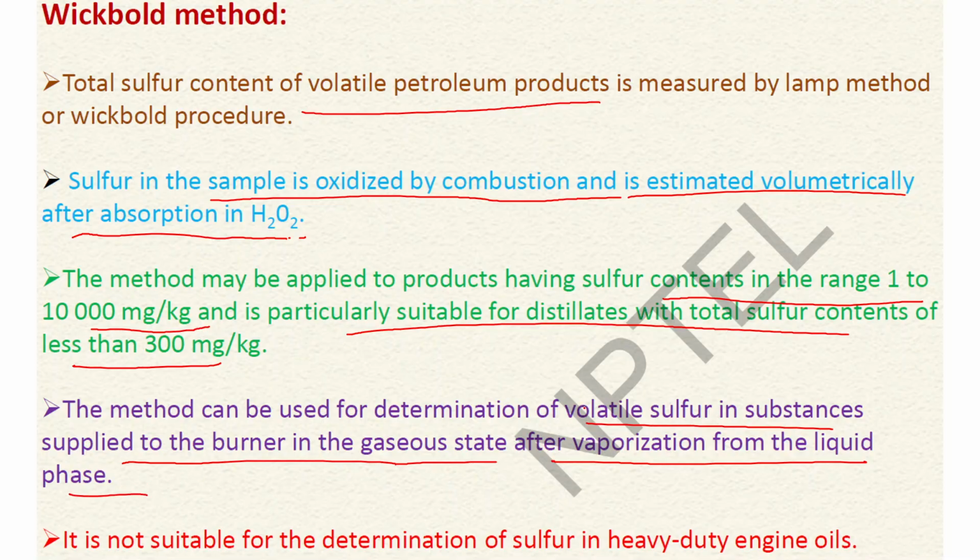As I told, this is basically for the determination of volatile sulfur. If there is volatile sulfur in the petroleum cut, the sample will be oxidized by combustion, and that volatile sulfur will be given out and absorbed in hydrogen peroxide, forming sulfuric acid.